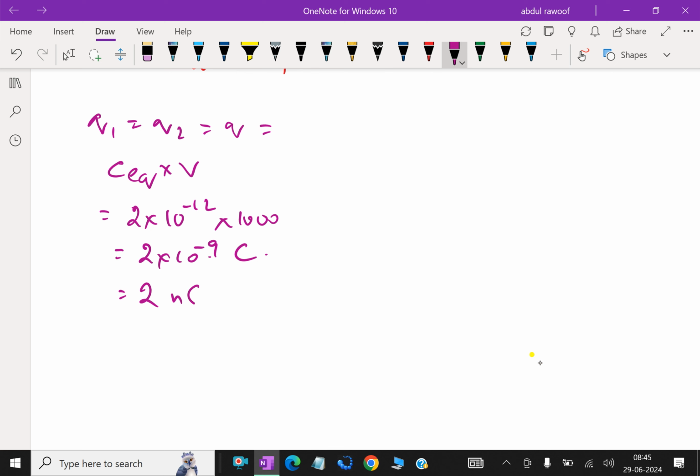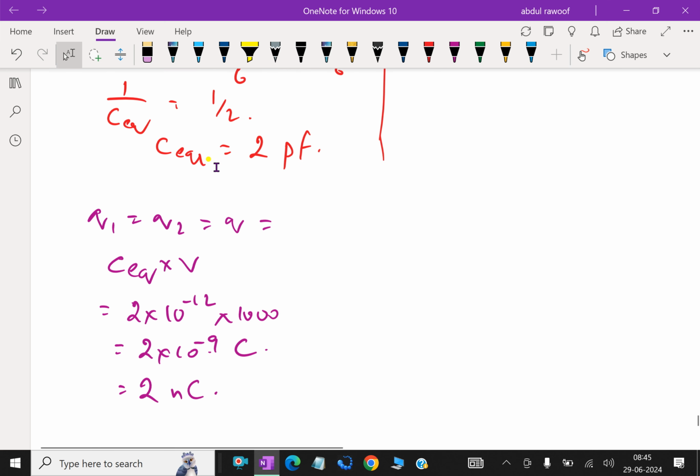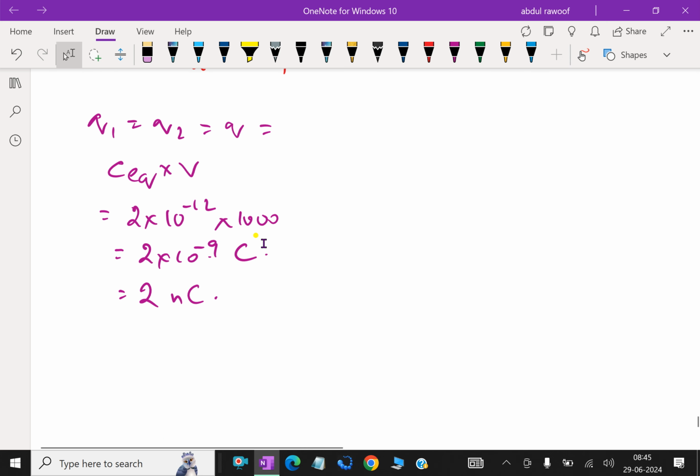That means the charge on each capacitor is 2 nanocoulomb.